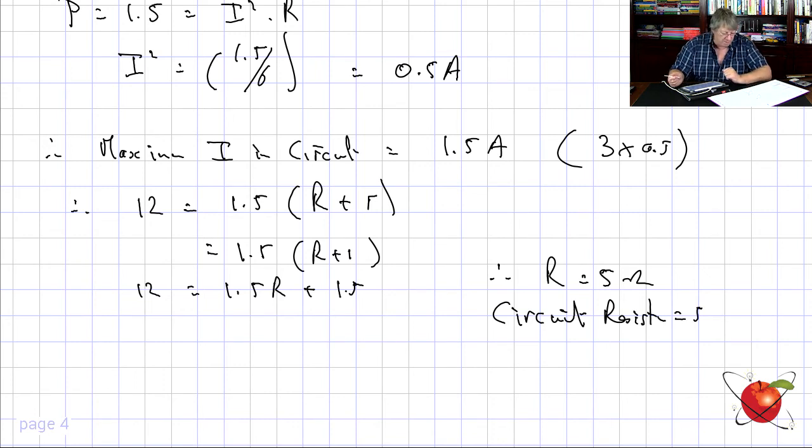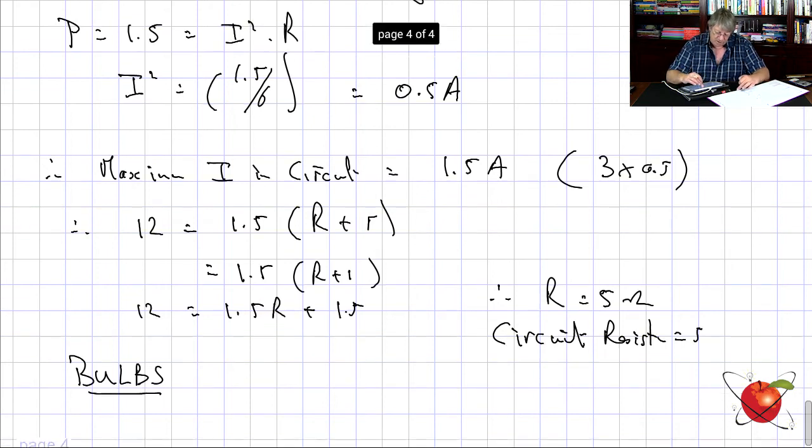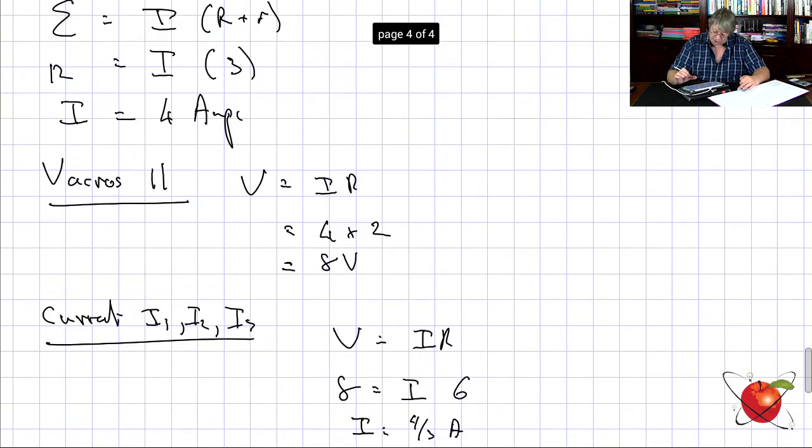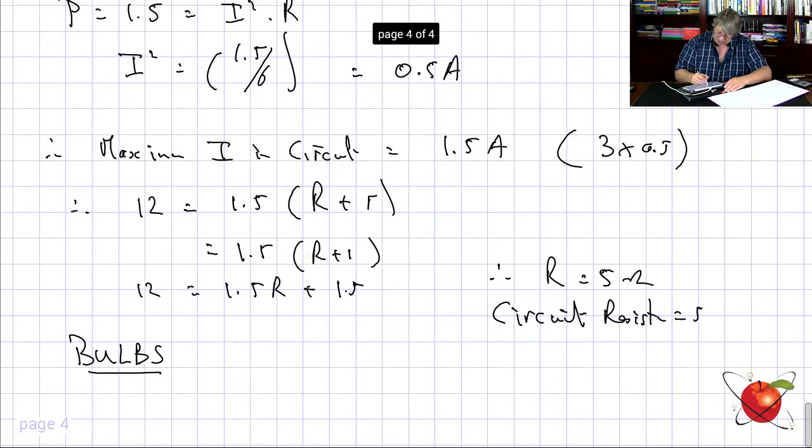Well, what were the bulbs on their own? The bulbs had an effective resistance. The bulbs' resistance on their own was 2 ohms.